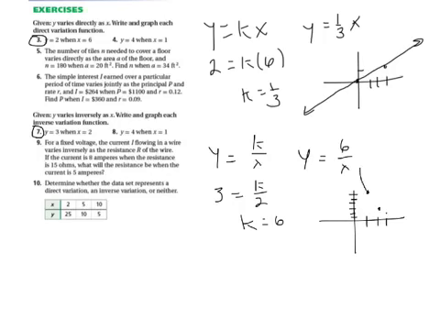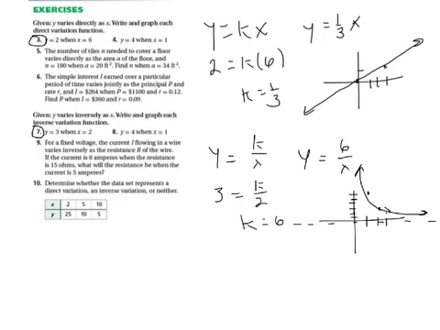And it's going to come down, hit our points, and swoop on. Alright? Asymptote right there. So that's our inverse property.